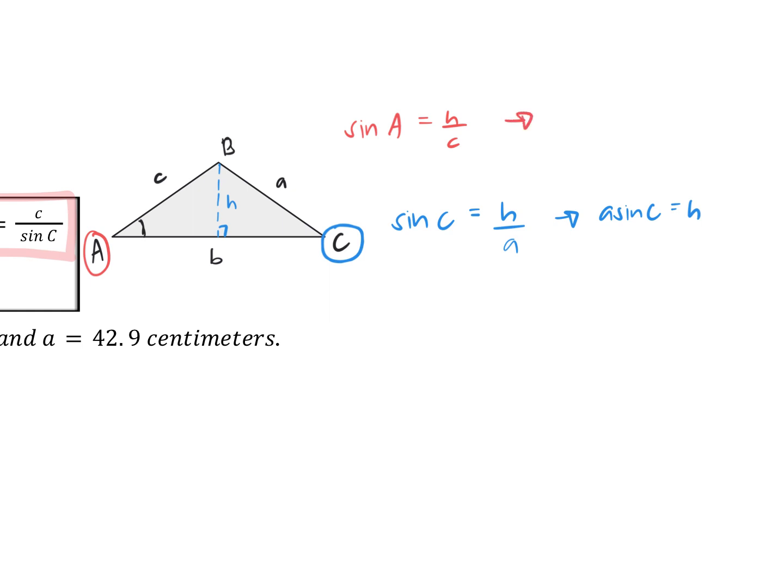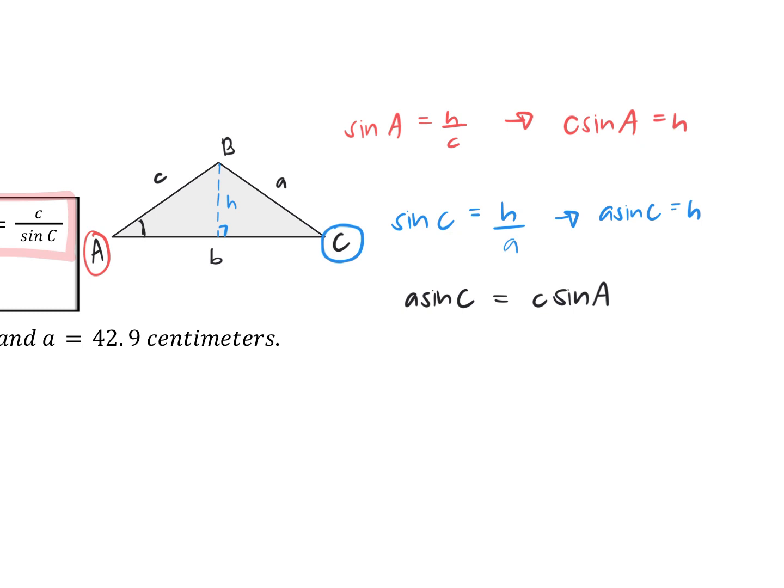And this top one becomes c times sine of A is equal to h. Now, using our algebra skills, what could I do from here? Set them equal to each other. So I would have a sine of C is equal to c sine of A.